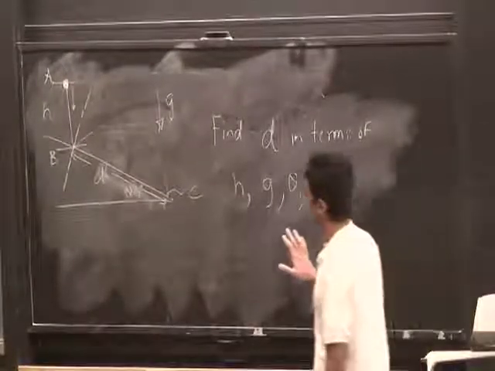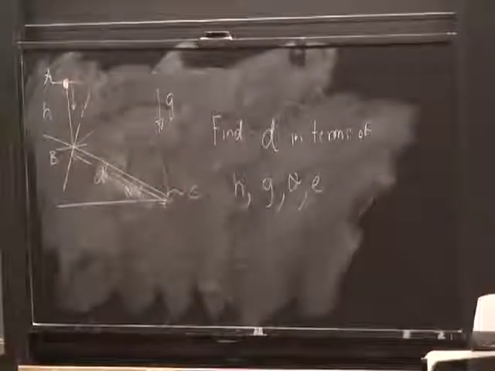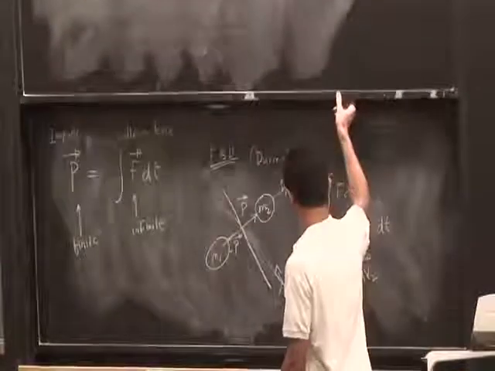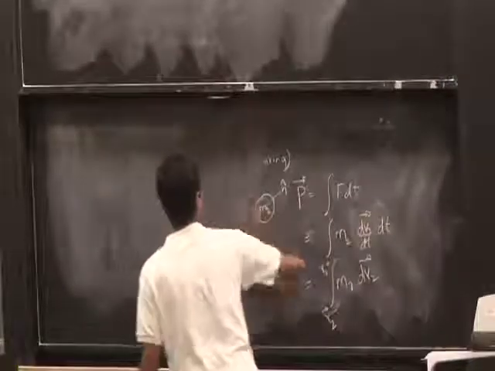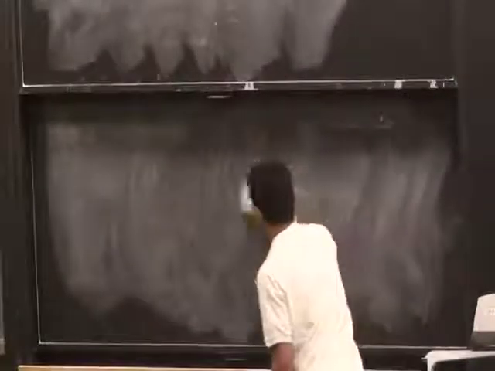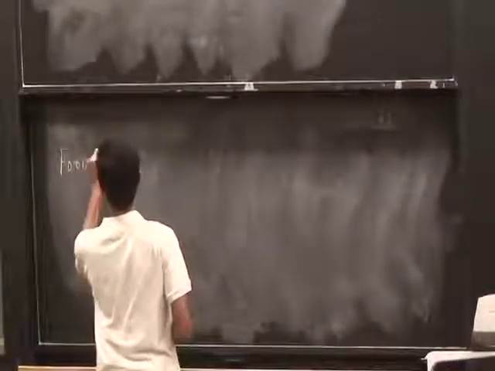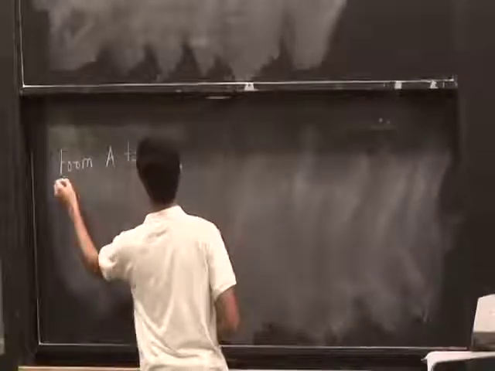So let's try to analyze the motion of this particle in stages. Let's see what happens in going from A to B, before collision, so I'll put a minus sign there.